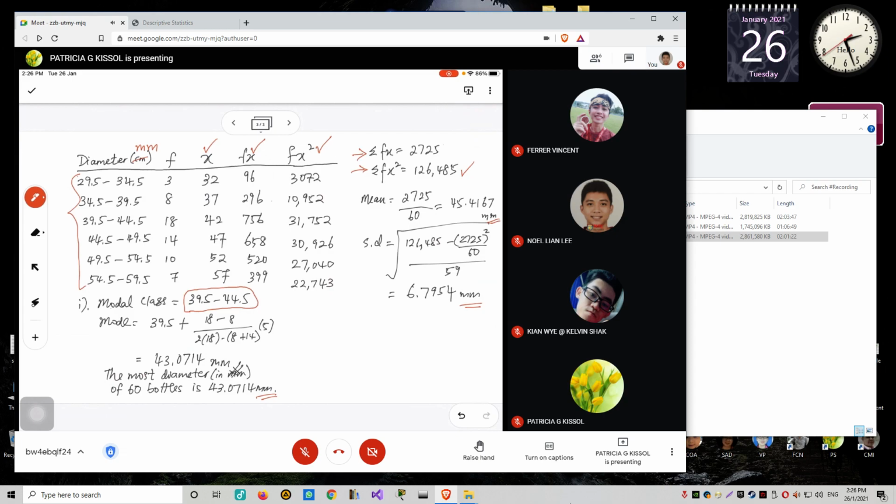Okay, so for the calculation of the mode, we take 39.5 because that's the lower class boundary, plus 18 minus 8 over, this is the formula for the mode.